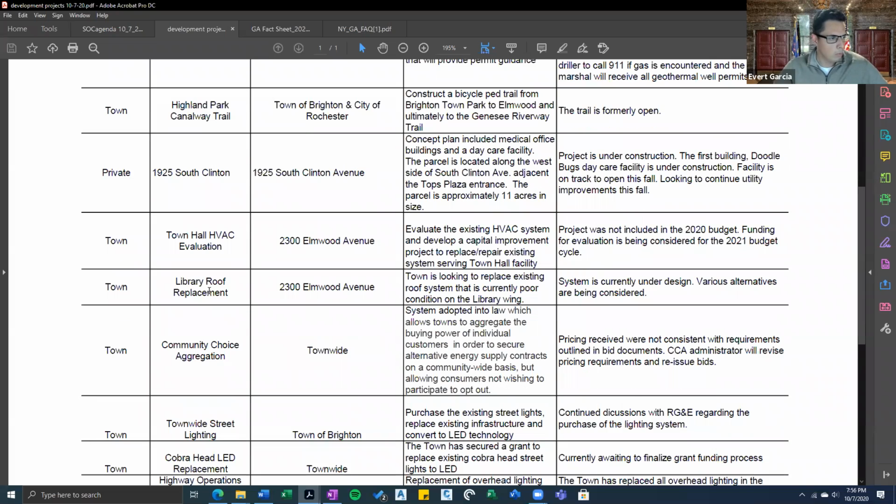Library roof replacement. So the town is currently looking to replace the roof system in the library, which is in poor condition. We have SWBR as our consultant on this project, and they're considering various alternatives.